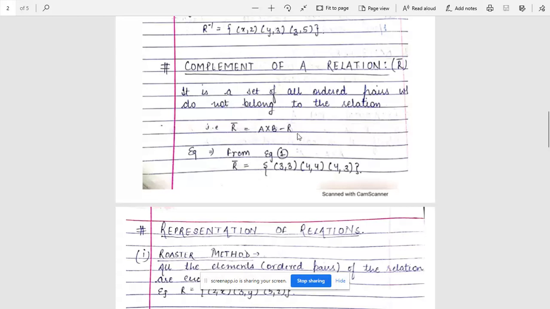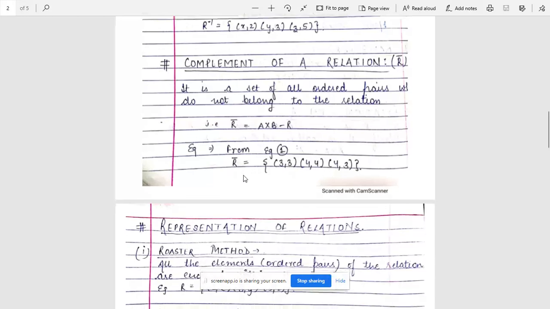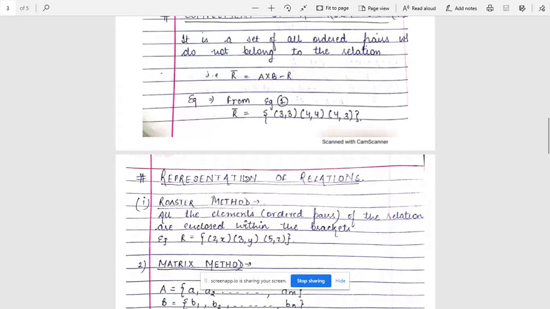So students, you must know those ordered pairs which are not in the relation, which do not satisfy the condition, will be the complement of a relation. You can also denote it by R^C, that too is the complement of a relation. I hope it is clear to all of you.